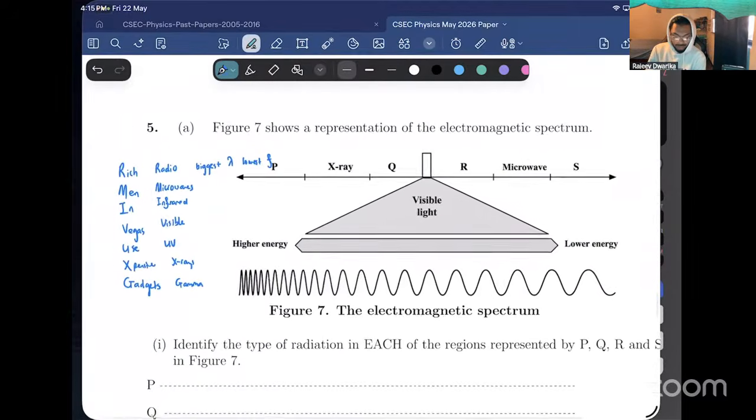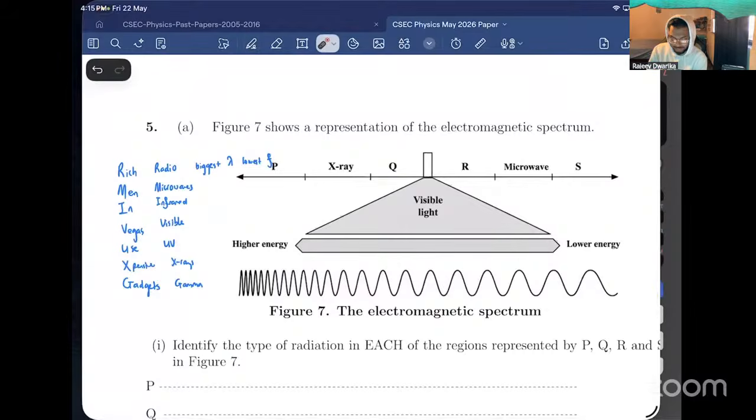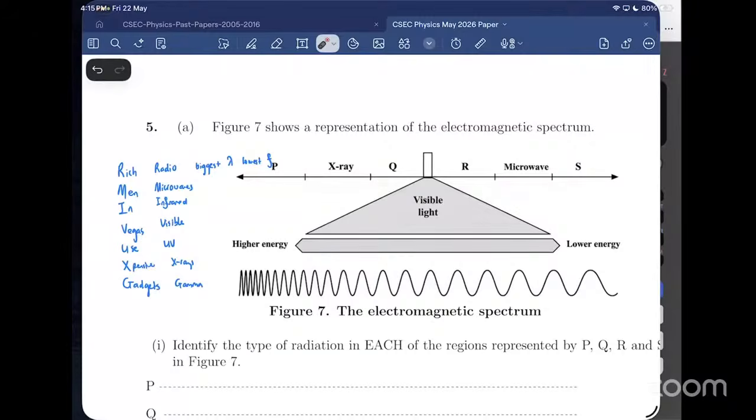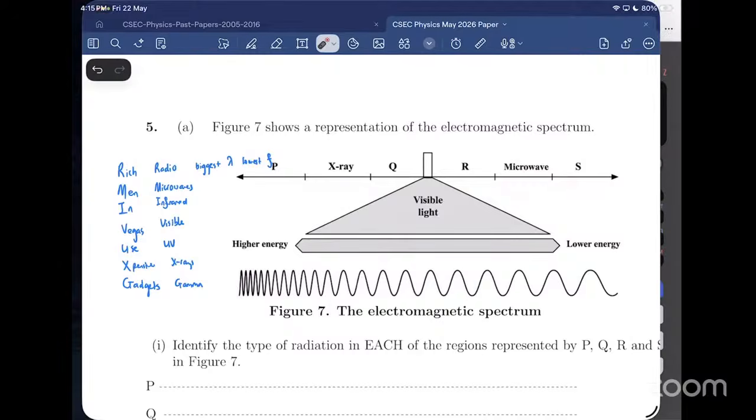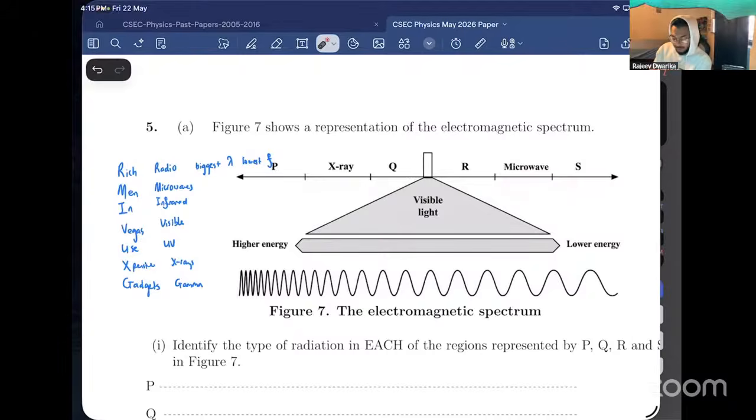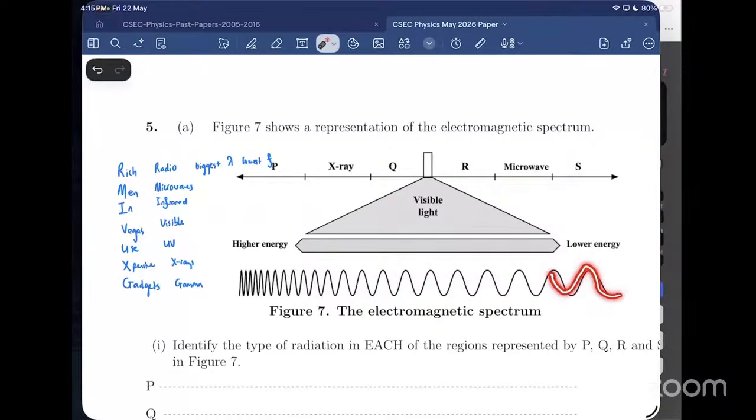You had to understand that it was going the other way around. Stay with me, right? What is before microwaves? Radio waves. If you have a hard time understanding it, at the bottom you see a large wavelength.